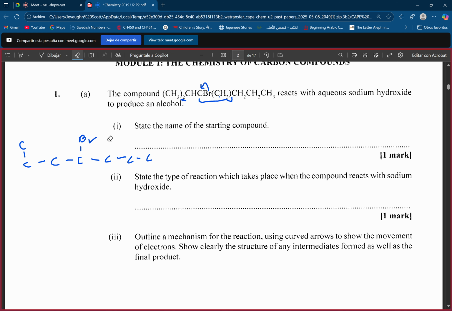It does. Okay, so let's look at this. So the methyl group is attached to the same carbon there, and then we have three other carbons out there like that. So if we have something like this, what would be the name of this compound? Because we're saying it is 2, 3.